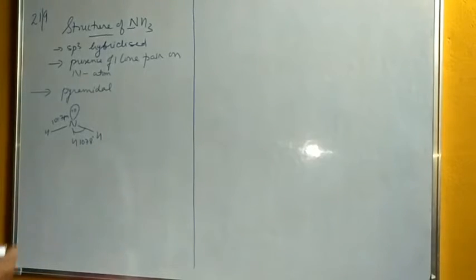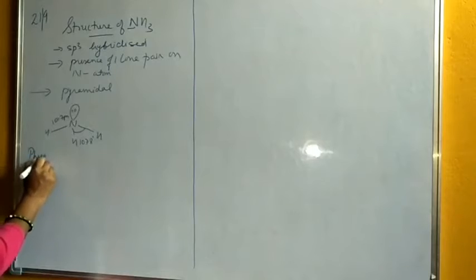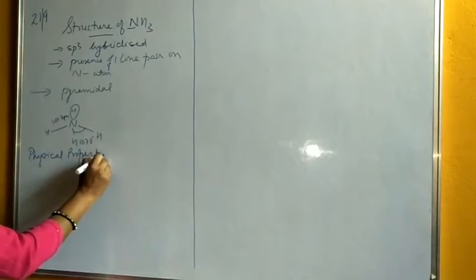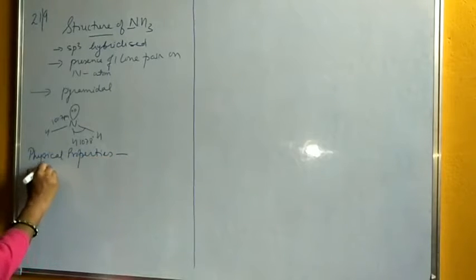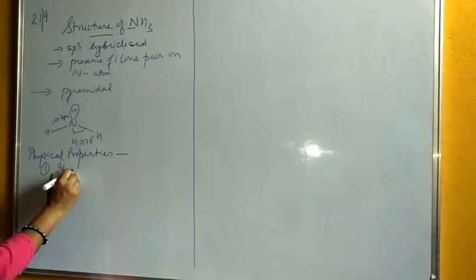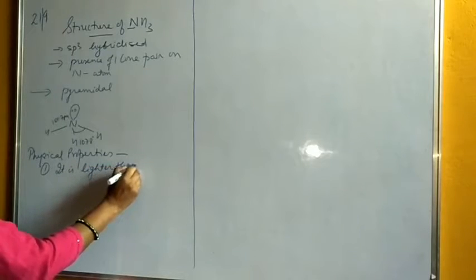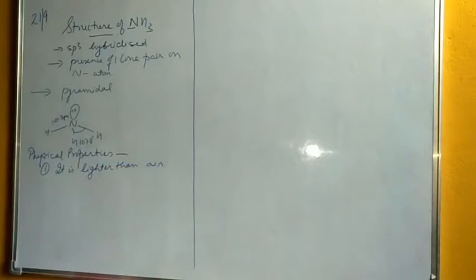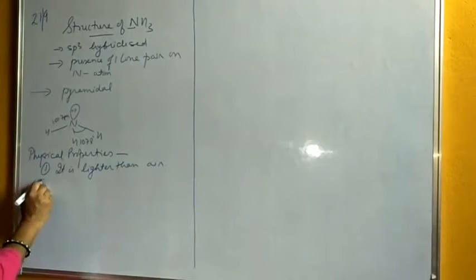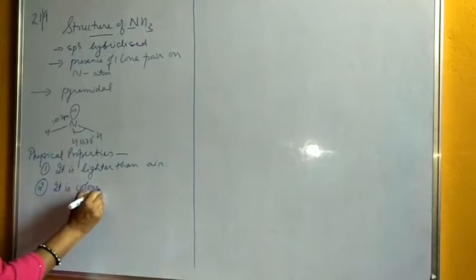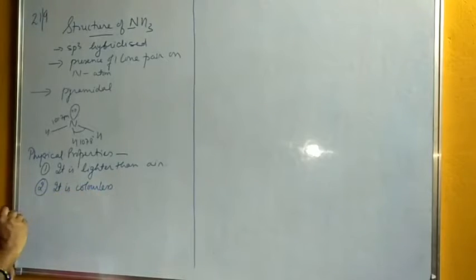Right students, now we will discuss the physical properties of ammonia. So students, first of all, it is lighter than air. Second, it is colorless, but it is not odorless. It has an ammoniacal smell.